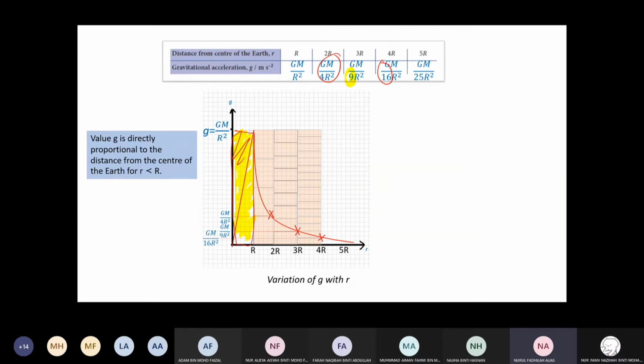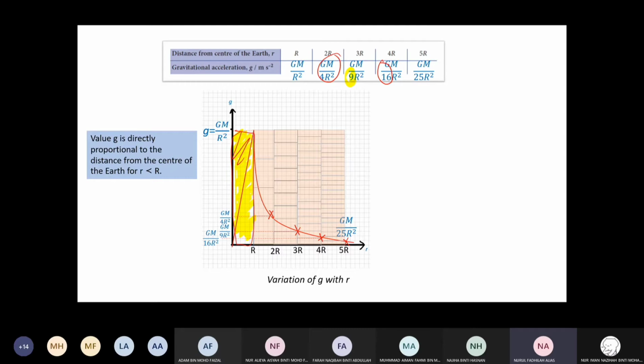Distance 5R, we have GM over 25. So we have 25 boxes. Where is that? Here is the part. Almost 0 already. 1, 2, 3, 4, up to 25. So it takes only one part of the 25. So that is the easier way to understand this.